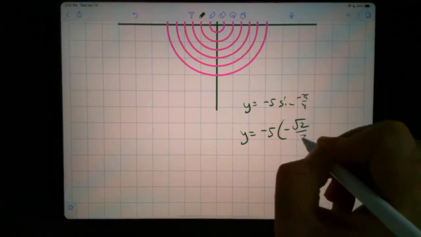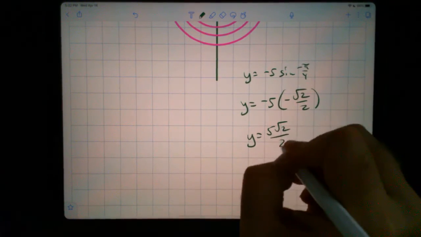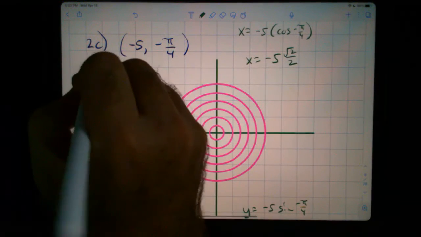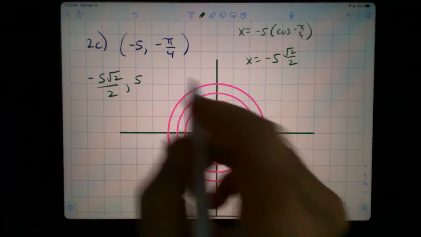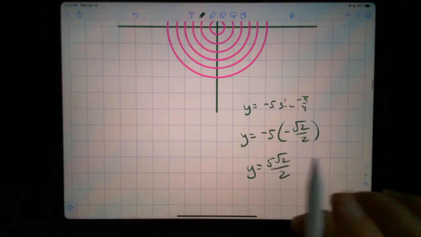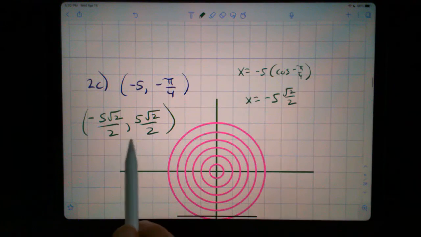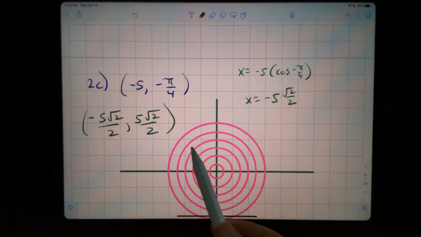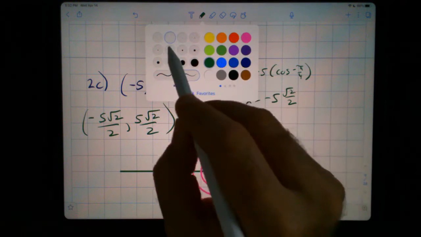But this is going to be negative radical 2 over 2, because a negative times a negative is a positive. That's the point that we desire. The same x, the same y is going to be a 45-degree angle, 5 units out.